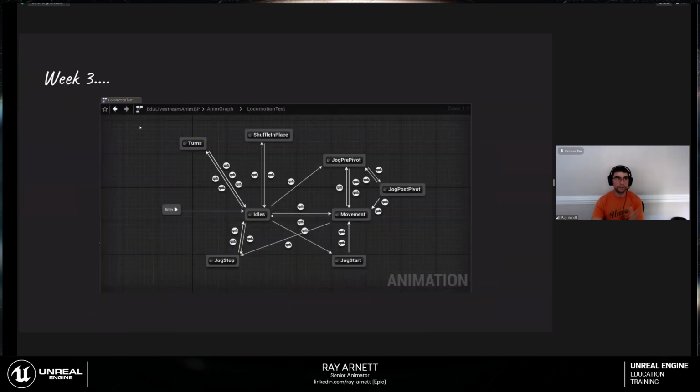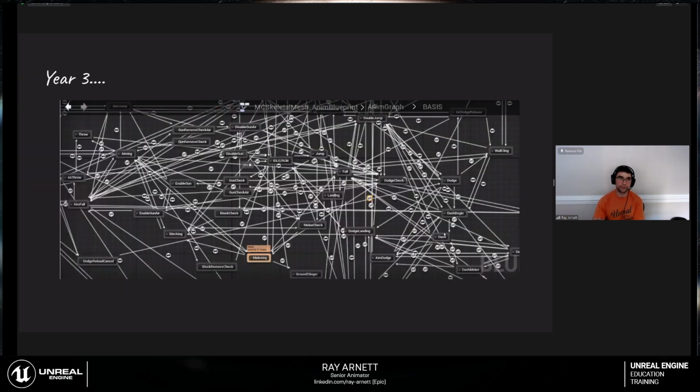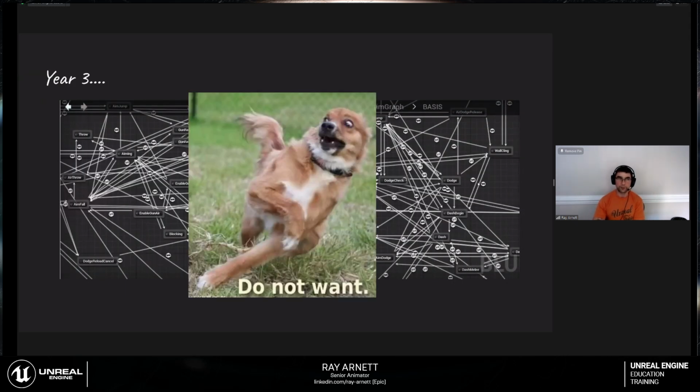And this is like week 3 on a project, it looks something like this, and everybody's happy. It's easy to update and to debug. But then year 3 is like that, and nobody wants it, right? You don't want to be anywhere near that.